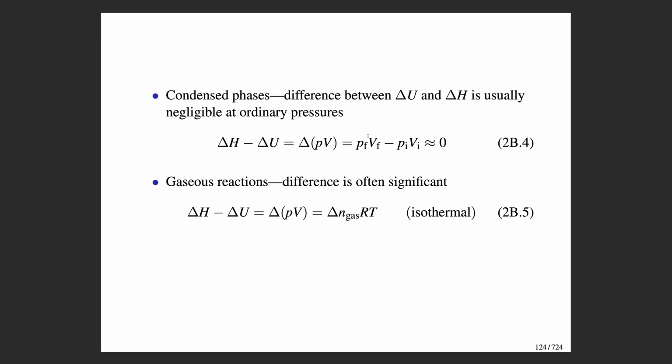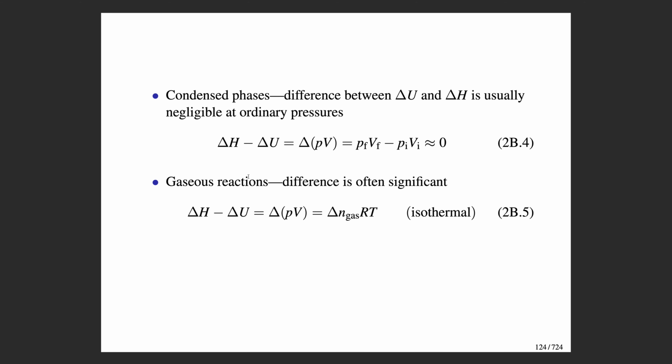For solids and liquids, volume does not change very much with pressure, and so this term is effectively zero for most condensed phase systems at ordinary pressures. Right? You'd have to go to really high pressures in order to change the volume of a solid or of a liquid. So for ordinary pressures, this difference is negligible, and delta H and delta U are practically the same.